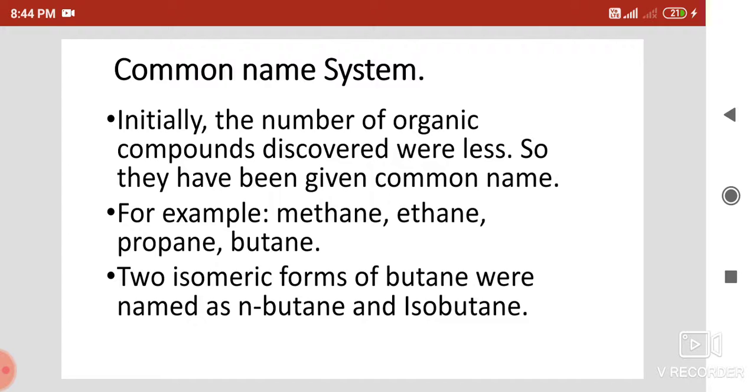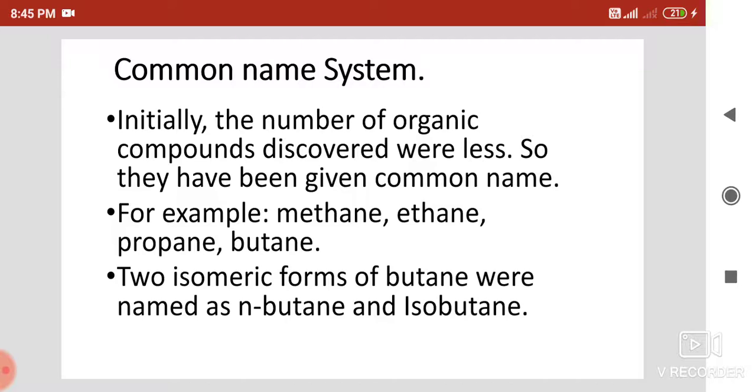Initially, the number of organic compounds discovered was small, so these compounds were given common names, for example methane, ethane, propane, butane, etc. The two isomeric forms of butane were named normal butane, that is n-butane, and isobutane.